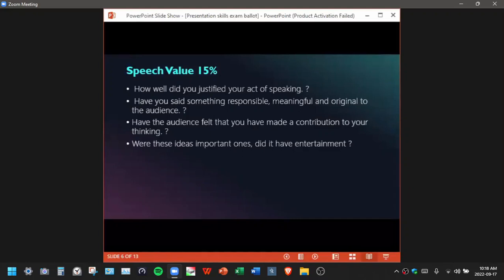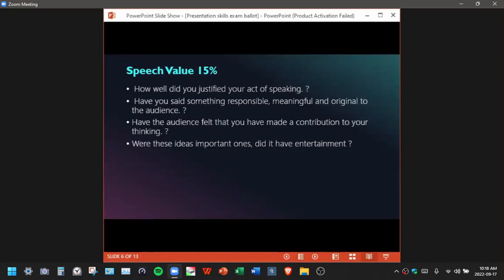And also whether the audience felt that you have made a contribution to their thinking, and whether the ideas you are speaking about are important, and whether it's interesting. So for that area, you will get 15 marks.